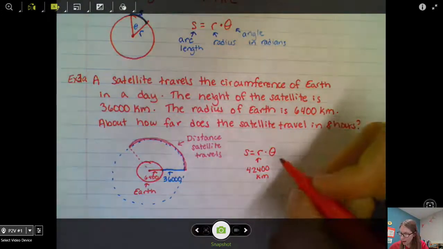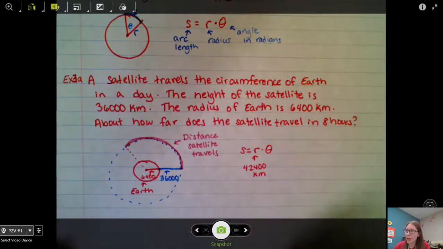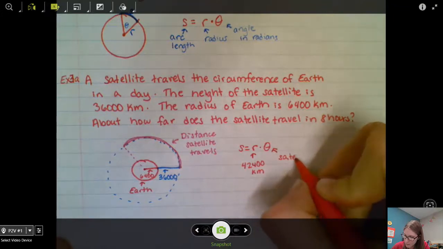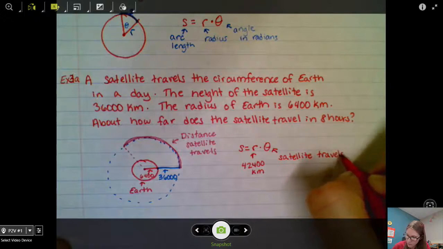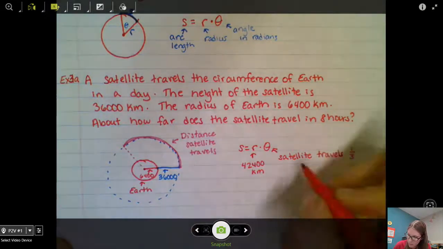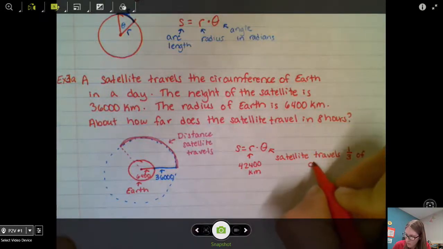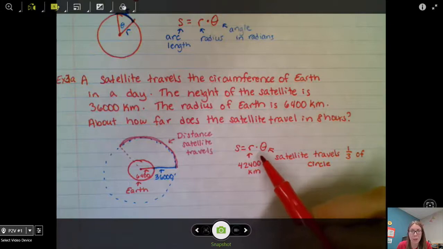Now we have to figure out what theta is. Well, again, that satellite is going to travel a third of our circle. And our angle has to be in radians.